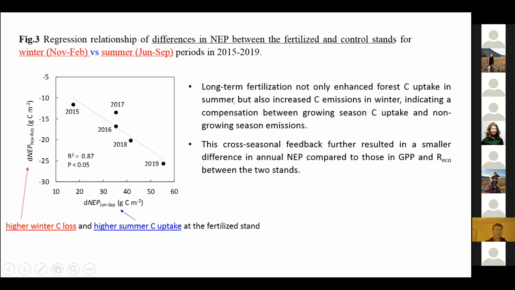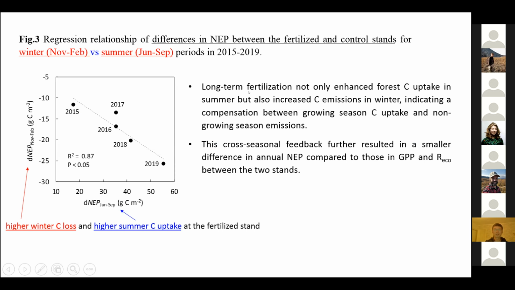Then we analyzed the relationship between the total NEP difference in winter against summer. Here, the positive numbers on the y-axis represent higher winter loss.